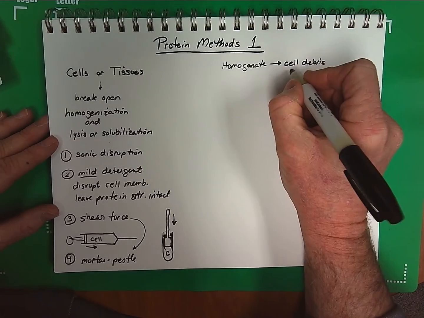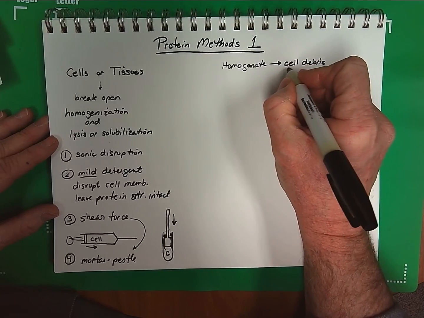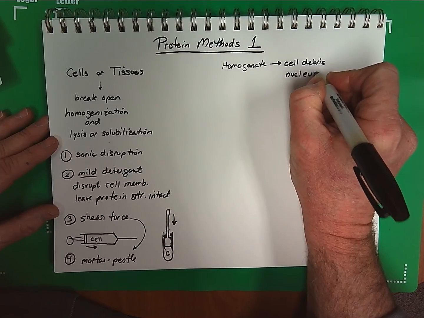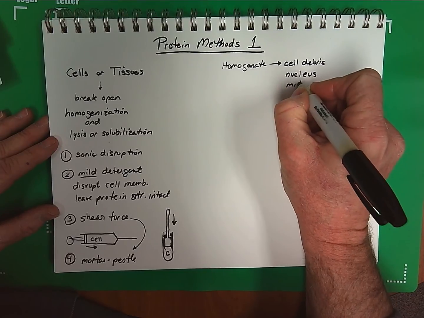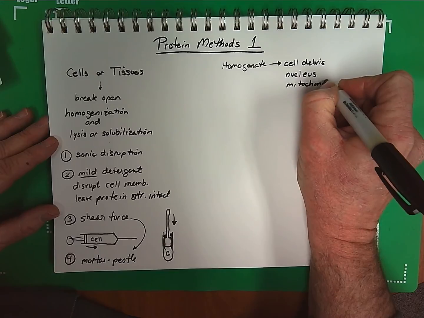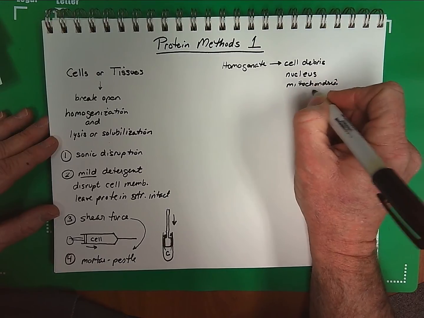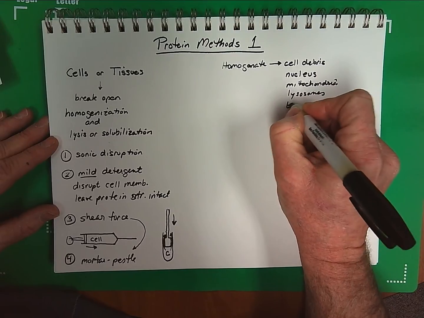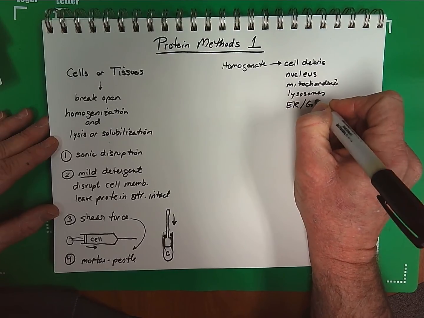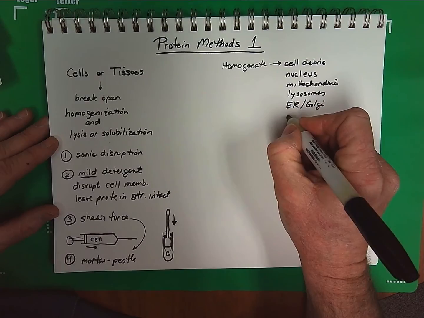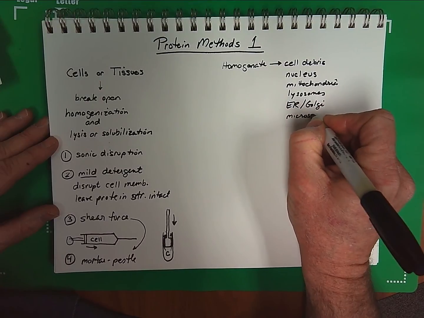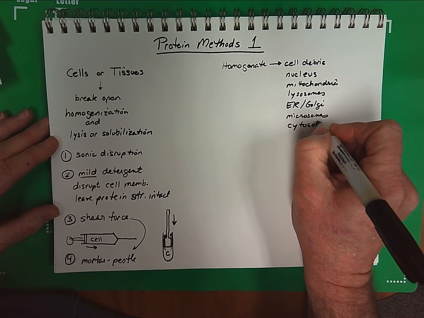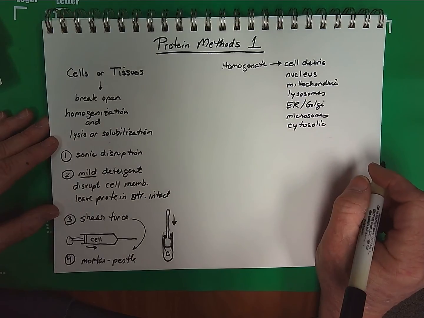And so the cell debris is going to contain parts of cells as well as the intracellular organelles: nucleus, mitochondria, lysosomes, endoplasmic reticulum and Golgi, other microsomes, as well as the cytosolic components, the soluble material.